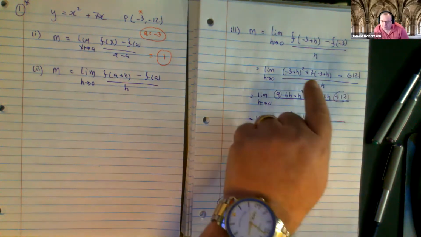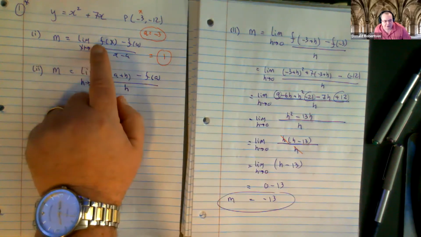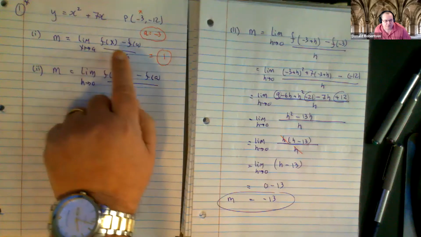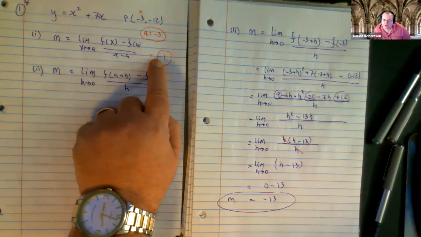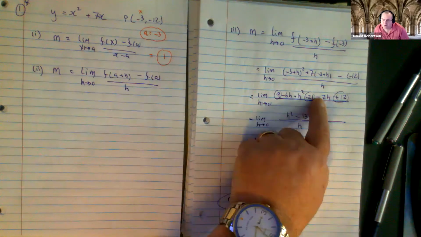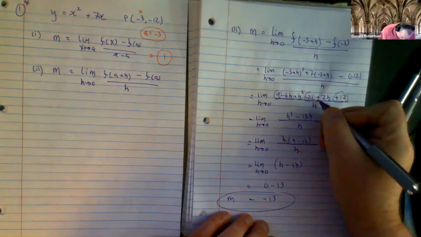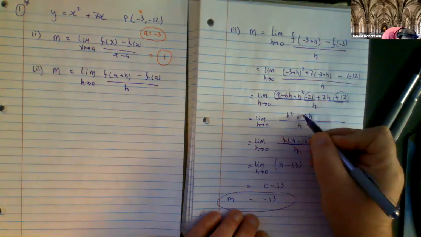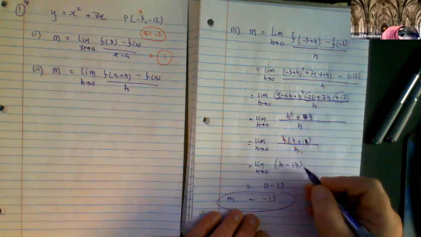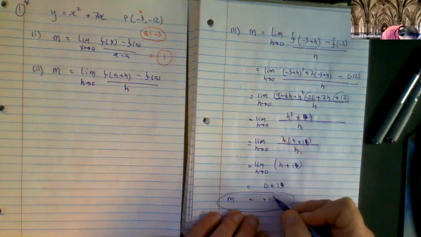Either I screwed up here and the answer is not negative 13, or I screwed up here and the answer is essentially not 1. So let's see if I did this. That guy's good, that guy's good, that guy's good, that guy's good. There we go. That should have been 7h, which makes that plus h, which makes that plus 1, which makes that plus 1, which makes that plus 1.